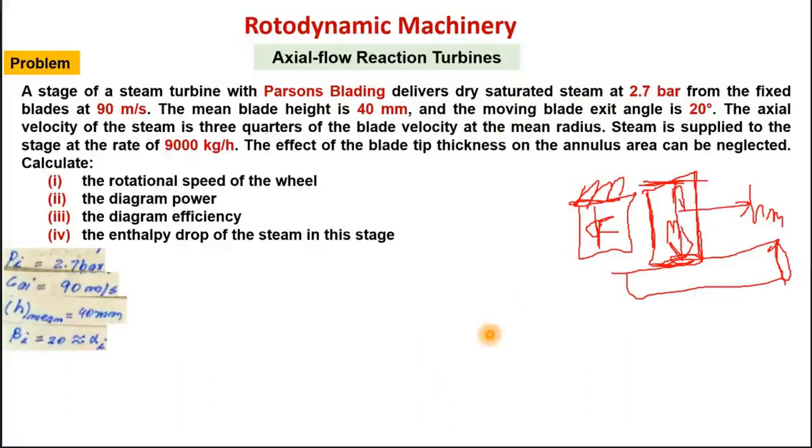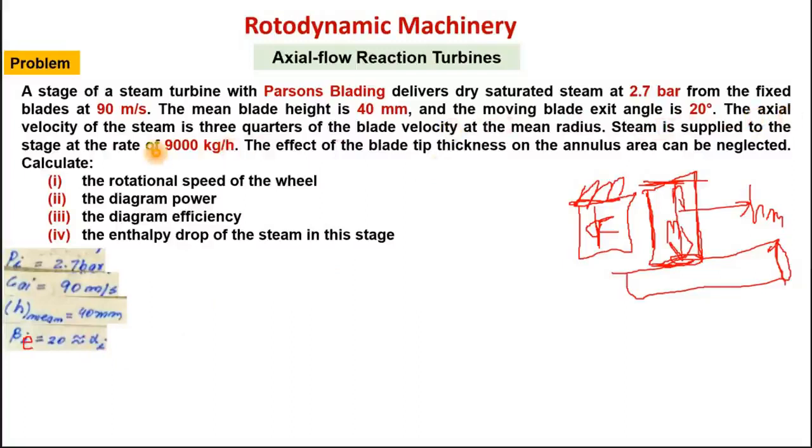So let me correct it here. This angle is beta E, which is equal to alpha I. We have already studied in the theory. Right. So this is beta E, which is equal to alpha I for 50% reaction turbine.